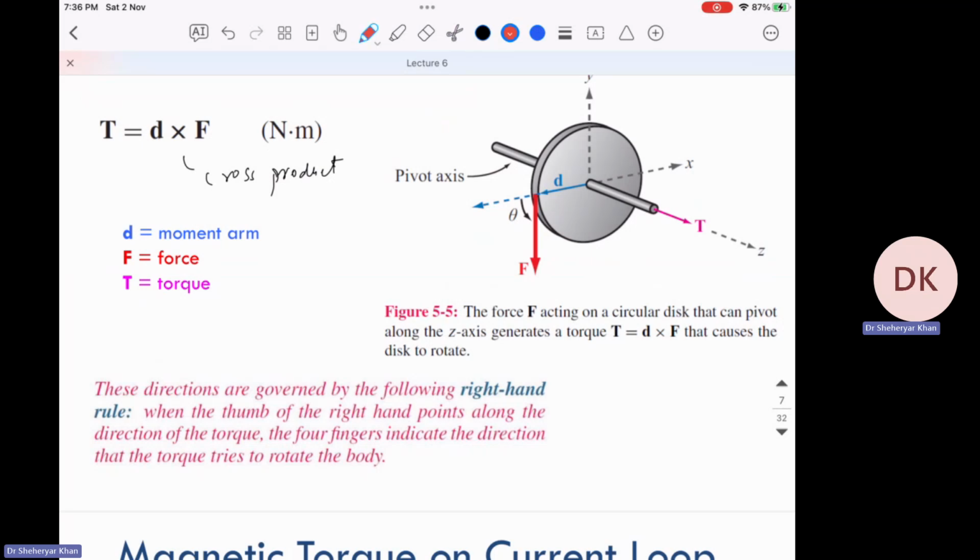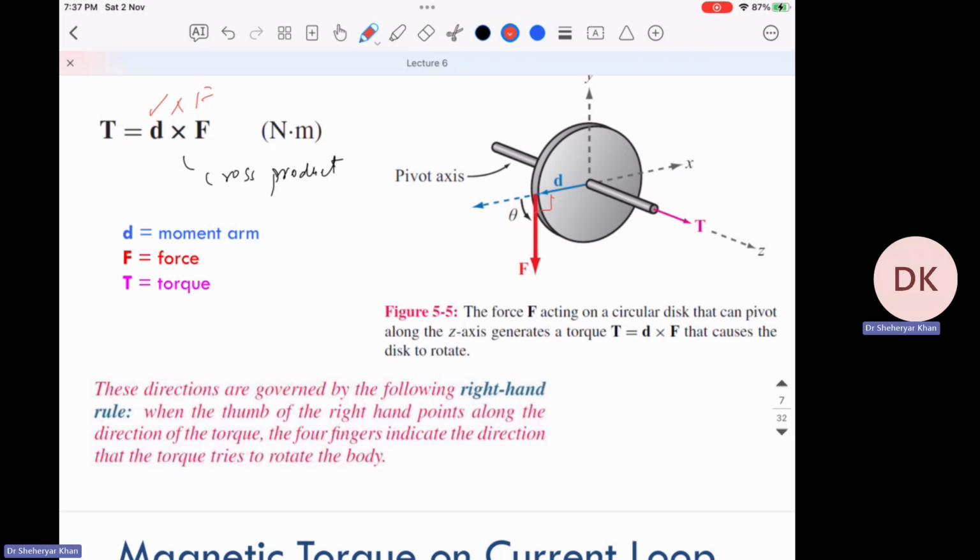For example, if you have a wheel or a simple round pulley, this is the D vector, and you apply a force F. You see that F and D are perpendicular to each other. The torque is the vector D cross F, so the torque is perpendicular.